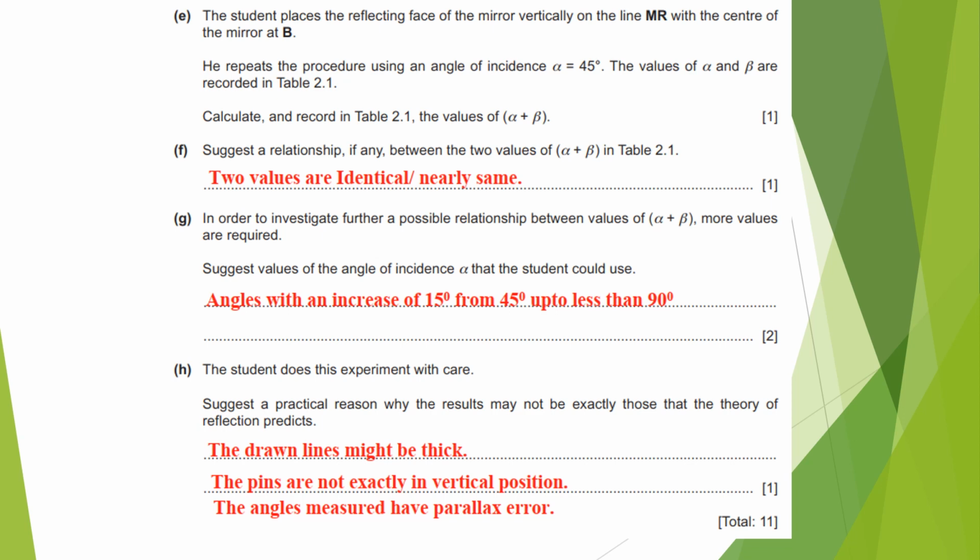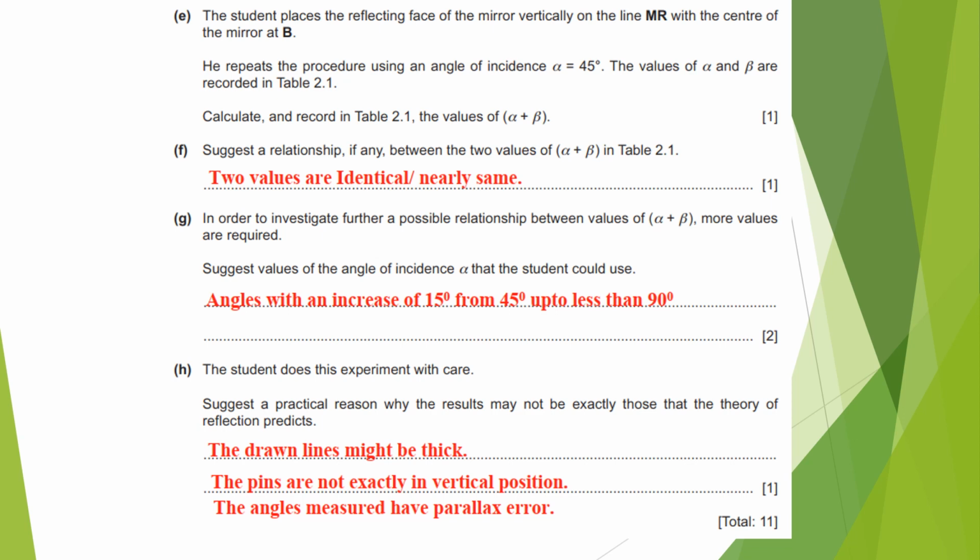Already, as clearly mentioned in the table, alpha plus beta values are calculated. That is for 1 mark. If you add alpha plus beta from column 1 and column 2, you will get 1 mark.